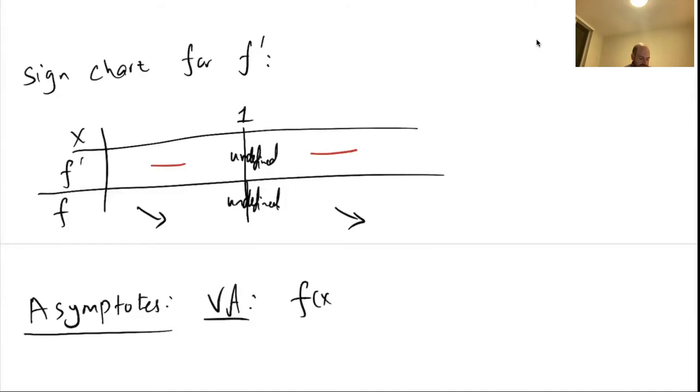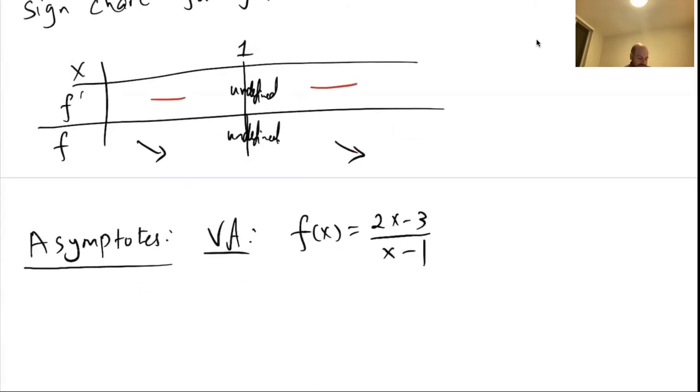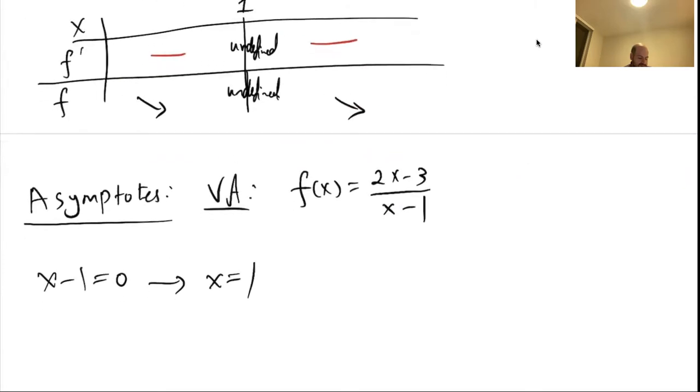What was f? f of x was 2x minus 3 divided by x minus 1. Now, if I put x minus 1 equals 0, that gives x equals 1, right? So this is a potential vertical asymptote, but I have to check the limit.